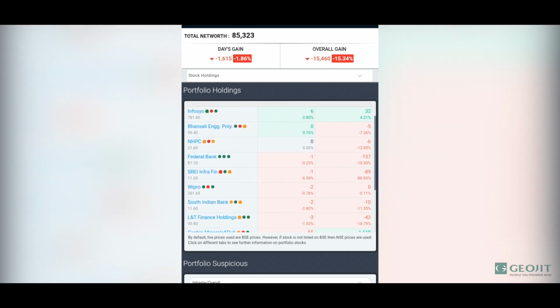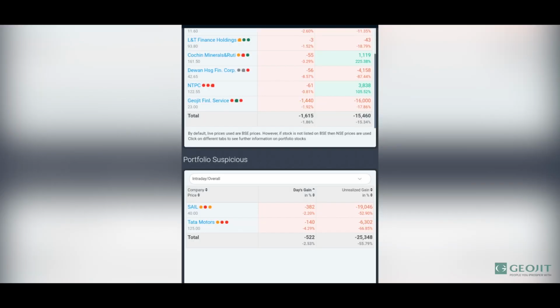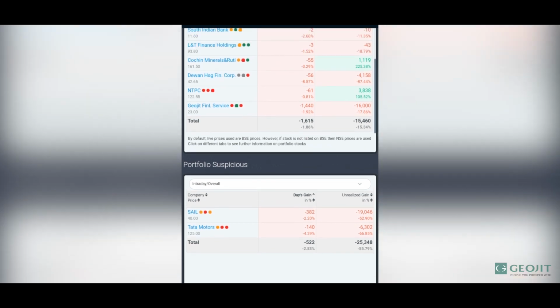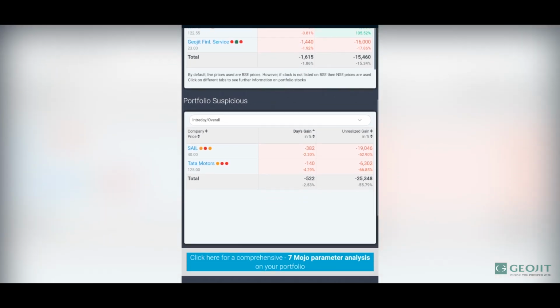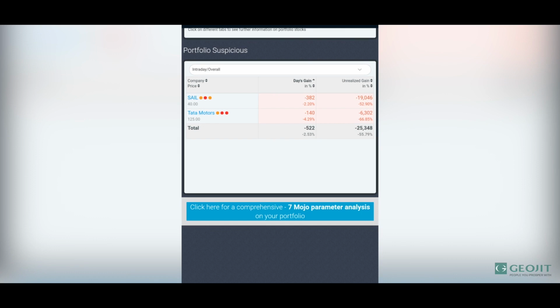Once you come down, you could see something called portfolio suspicious, which is the second table. There, those stocks which are not tracked in this portfolio analysis are mentioned. If you want to include these stocks which are in the suspicious table, you can just visit customer care and make the entries. Now come down, you could see this 7 Mojo parameter analysis.